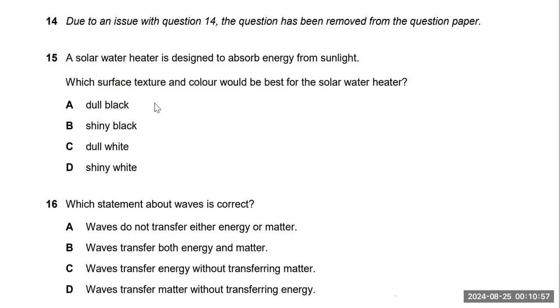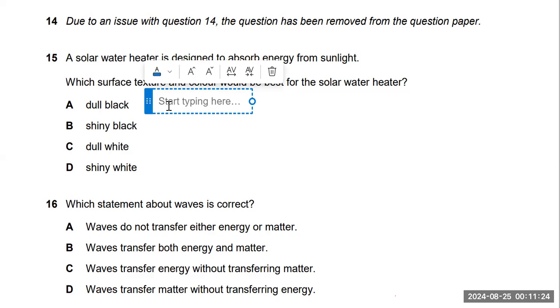Remember, we mostly say that dull black or simple black color, or sometimes we say dark color, absorbs the most energy as compared to light color. But there are multiple light colors and multiple dull colors, so we have to look in the options for which one is best and which one is worst.